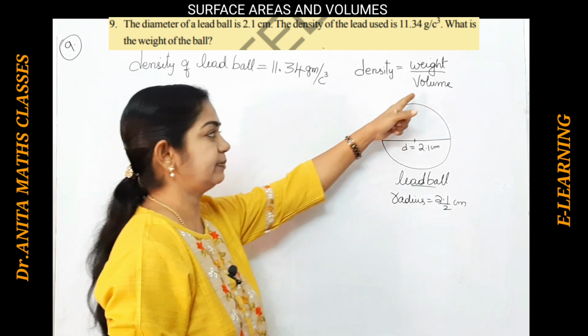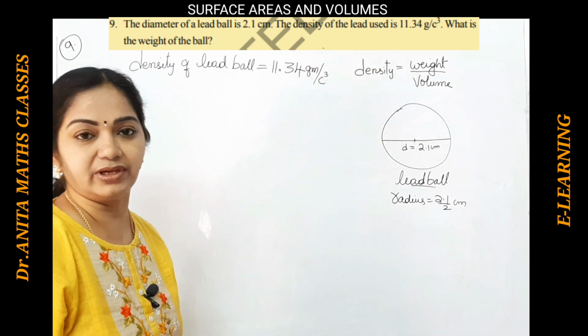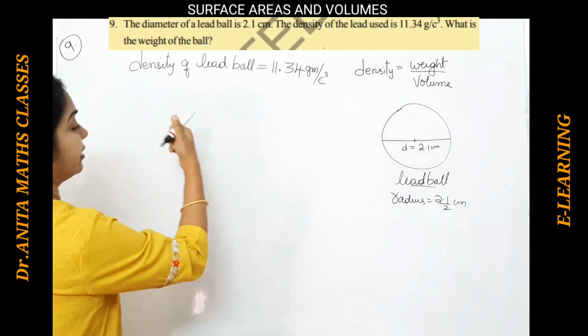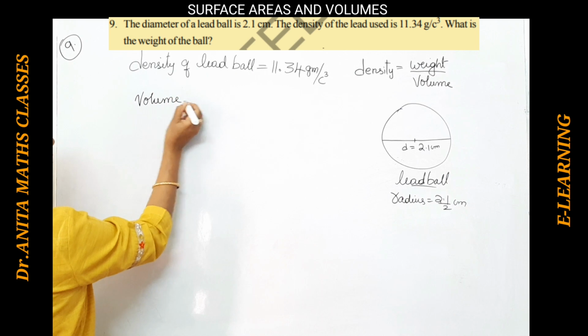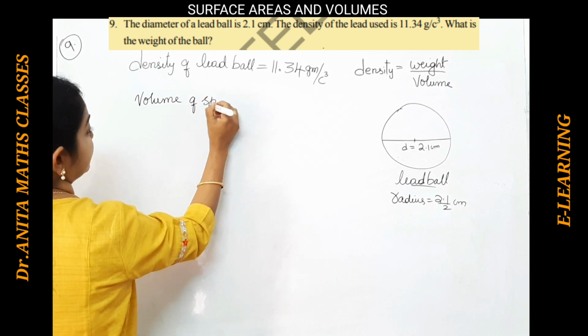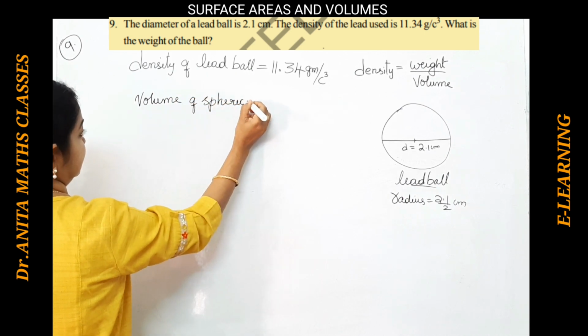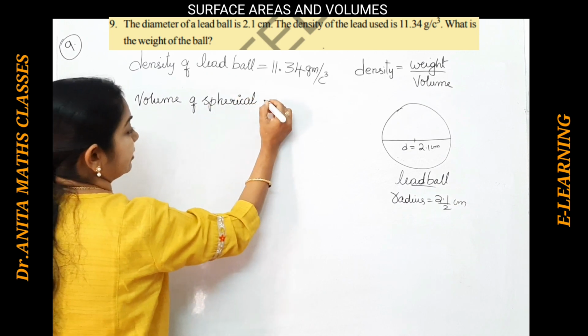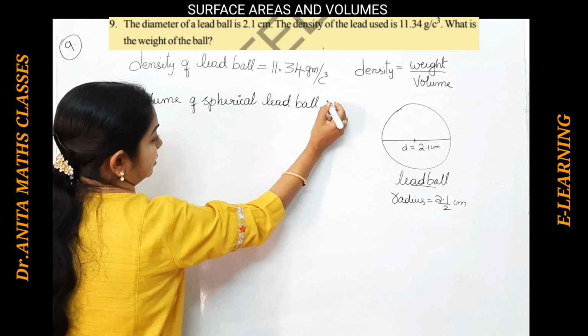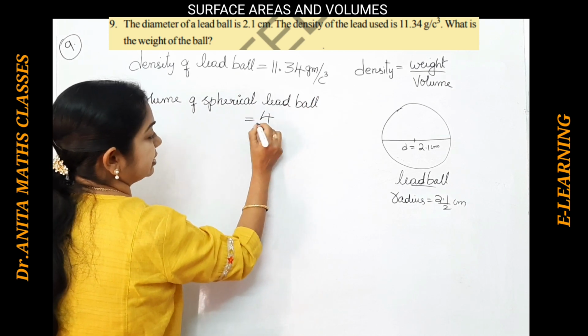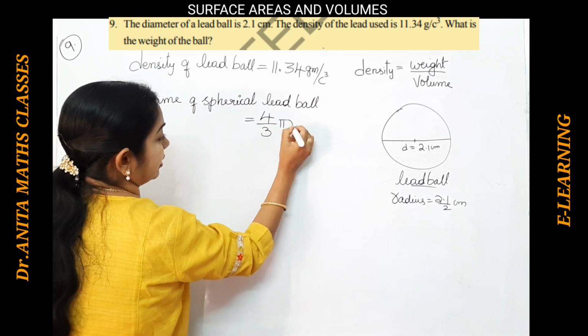Now here we will find the volume, and if we multiply the volume with the density, we will get the weight. We are asked the weight of that lead ball. So let us find the volume of the spherical lead ball. The volume of the sphere is 4/3 pi r cube.